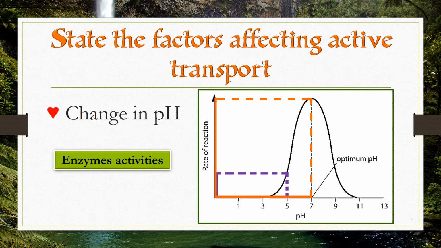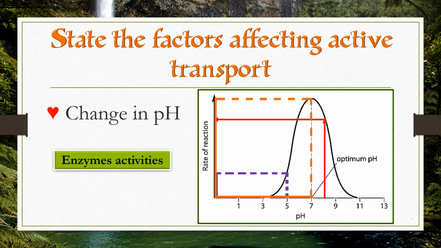What if we change the pH and take it around 8? 8, that one now is becoming more alkaline. And when we extrapolate, we can see on our graph that when we provide a pH of 8, the rate of reaction reduces.